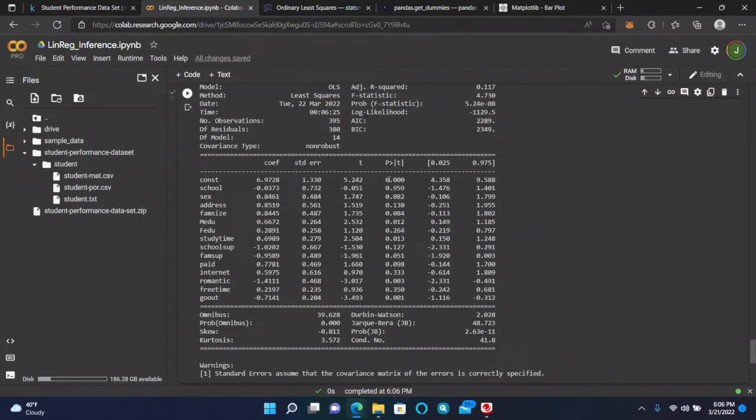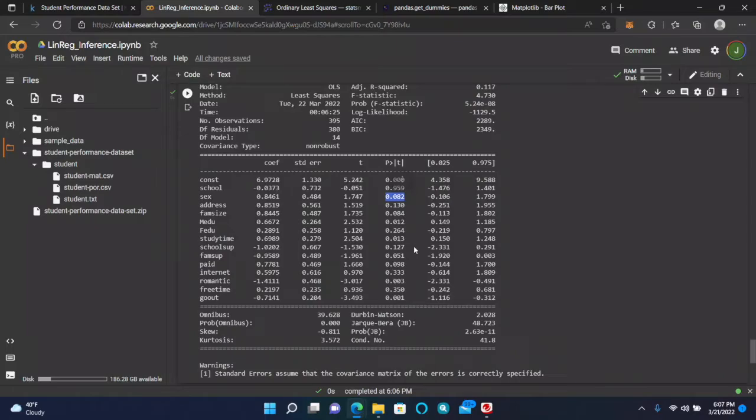What we're really interested in mostly here are these p-values, this column. All right. So this here, the constant, the intercept, very important. Can't get rid of the intercept. Which school they went to really did not matter, which I think is very interesting. Now, sex itself, male versus female, has a p-value of 0.08.